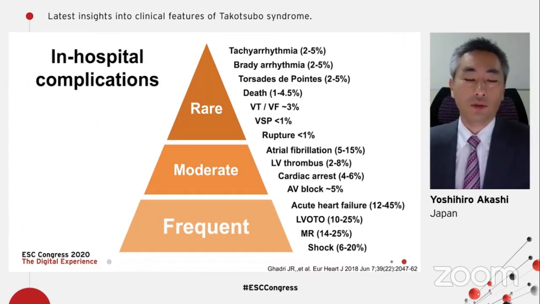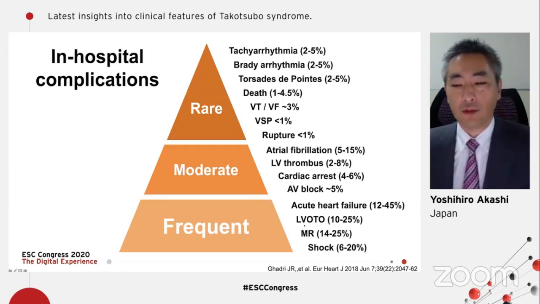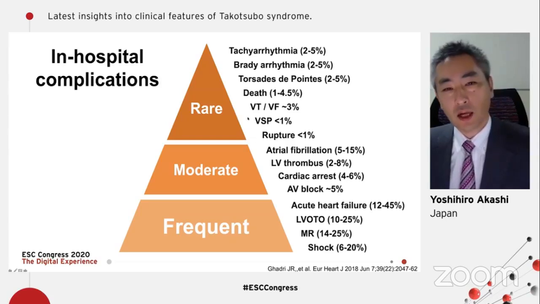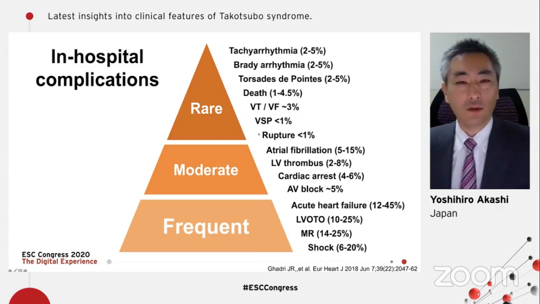This figure shows the pyramid of complications: heart failure, mitral regurgitation, and left ventricular outflow tract obstruction are frequently observed. Now you can see various kinds of arrhythmias as a complication. Conversely, ventricular septal perforation or rupture is a rare complication.